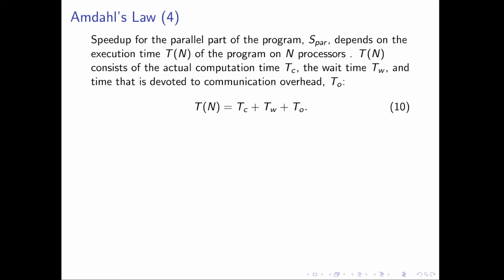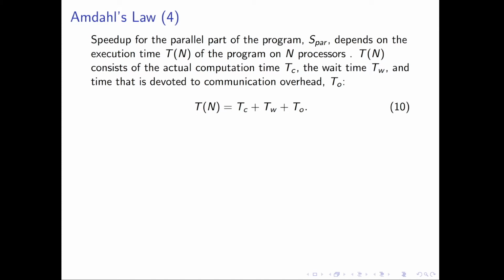When we specify T of n, the execution time of a program on n parallel processors, this implies the actual computation time, so the time it takes to execute the actual instructions, and then also wait time, and time that is devoted to communication overhead.